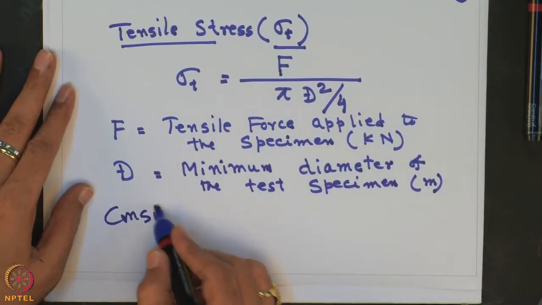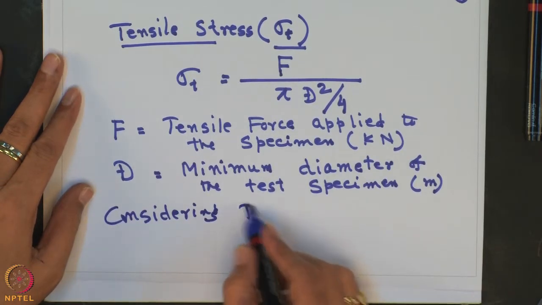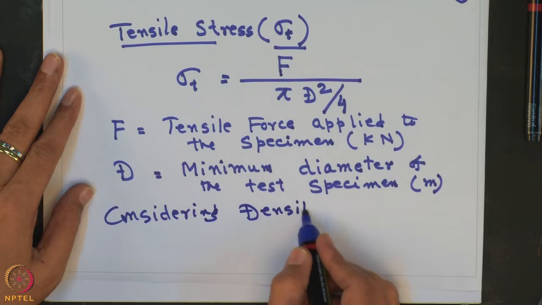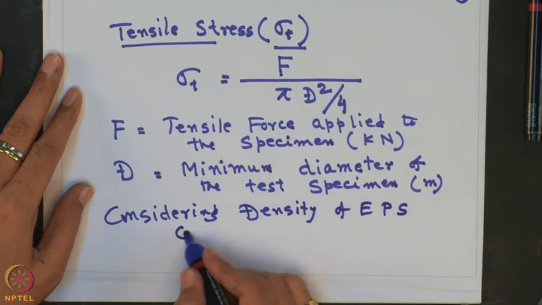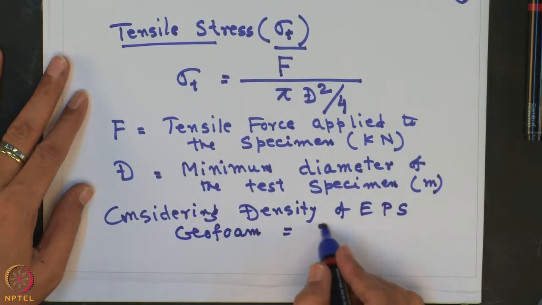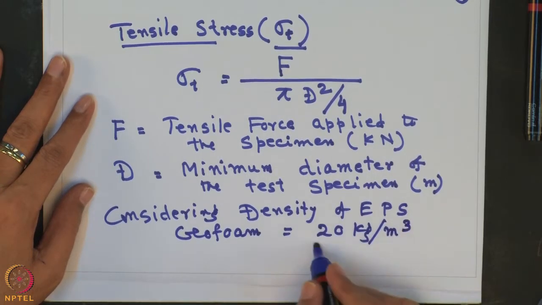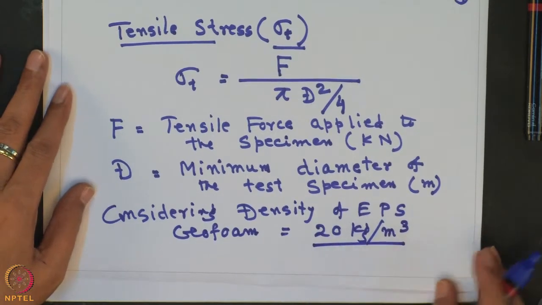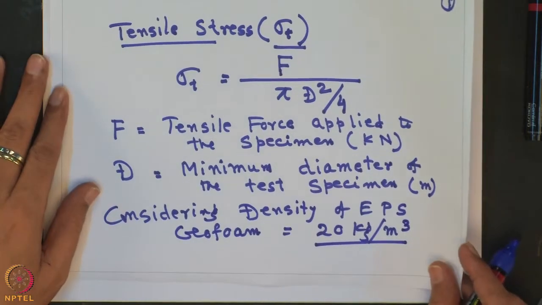Let us say the density of EPS geoform is 20 kg per meter cube. Then you have to determine the tensile strength of the EPS geoform.